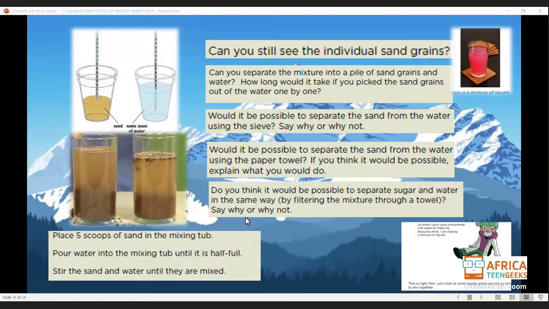If I put sand in a mixing tub and water, if you look at my example that I've given you over there, if you put the sand and the same mass of water, all right, and then you mix them, can you still see the individual sand grains when you mix them?